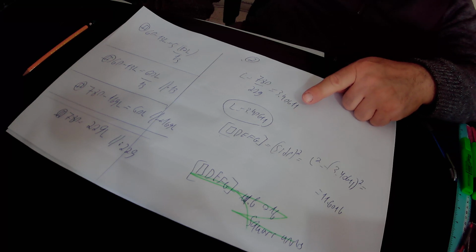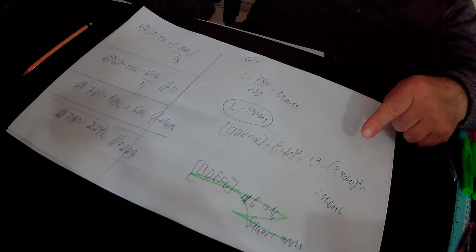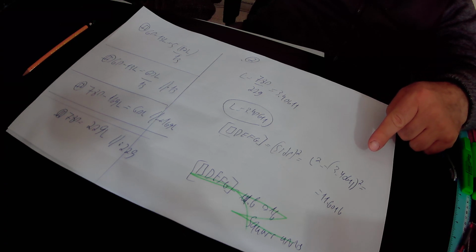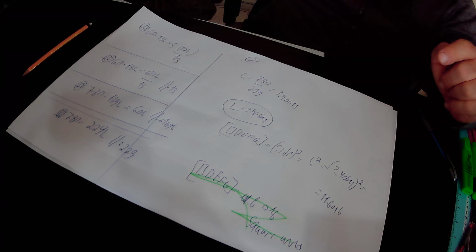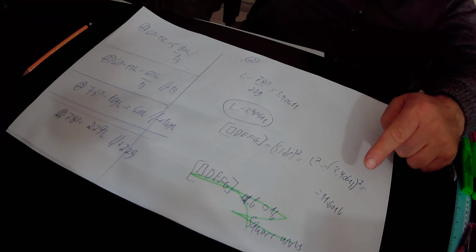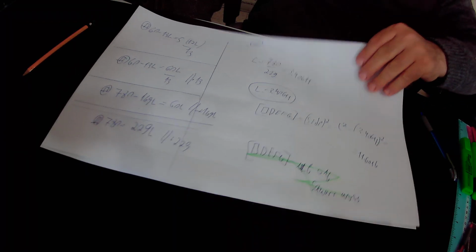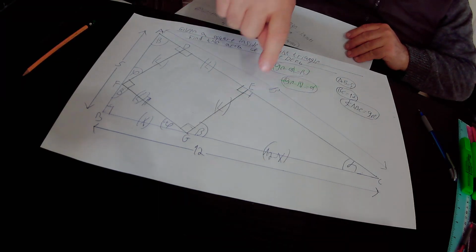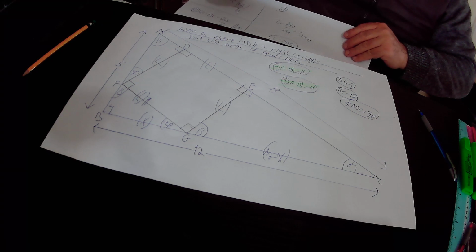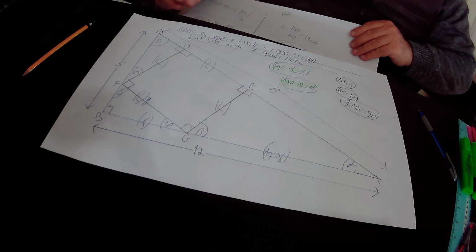We just found that L equals 3.40611, therefore L squared equals 3.40611 squared, and 3.40611 squared equals 11.6016 square units. So the area of this square DEFG is 11.6016 square units. Okay, thank you very much.